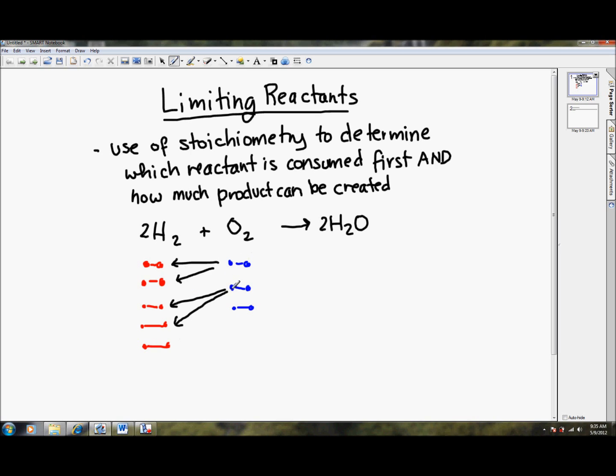Well, it looks like the oxygen would get used up, and then there'd be some hydrogen left over. And you could ask yourself, how many water molecules could you make? Each of these makes 2 of those, so I'd get 4 water molecules.